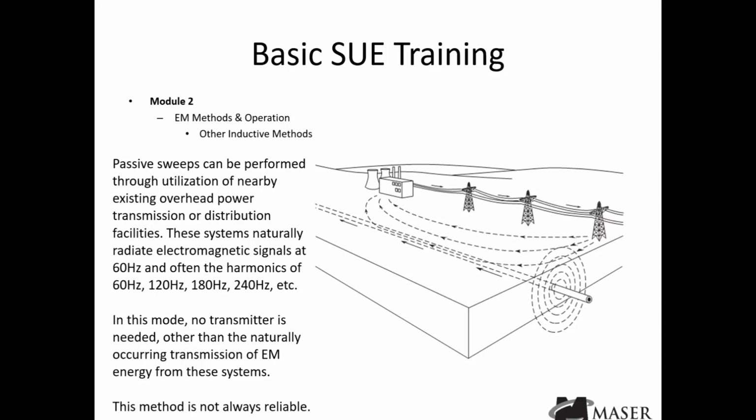And what happens is, if there is existing overhead electric, the electromagnetic signal coming from the overhead electric system is broadcast outward from those wires, and sometimes for substantial distances, and that signal is re-radiated or repropagated on all the conductive facilities that are in the ground near those electric lines.